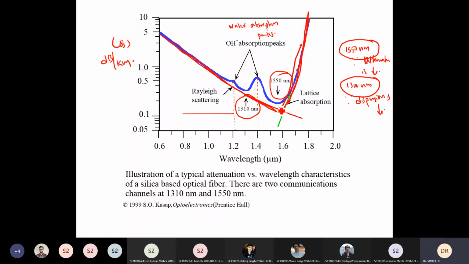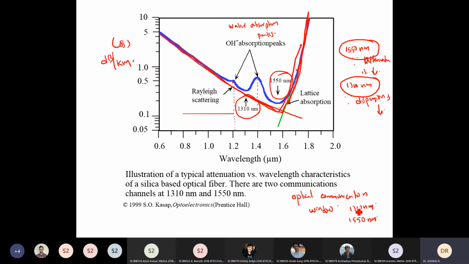So you should always remember these two wavelengths, 1550 nanometer and 1300 nanometer. You call them the two communication channels or the two optical telecom wavelengths, the optical communication windows. It's commonly referred to as 1300 nanometer and 1550 nanometer. Even though I have specified only one wavelength, it's not exactly one wavelength because you are talking about a window.